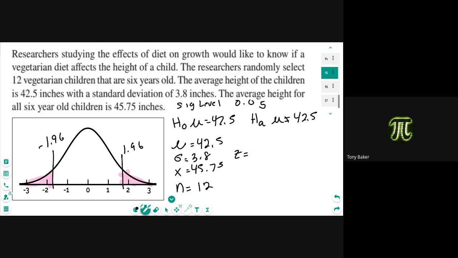What was it? 2.96? Everybody agree? So that's over here. So you reject. I swear they're not all going to be rejects, so don't assume that. Okay.